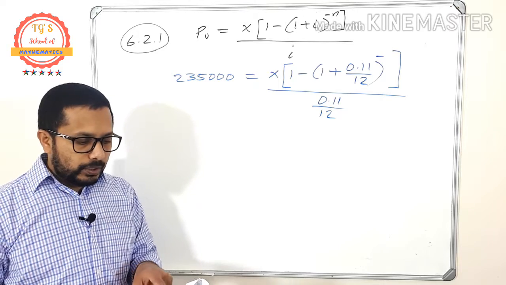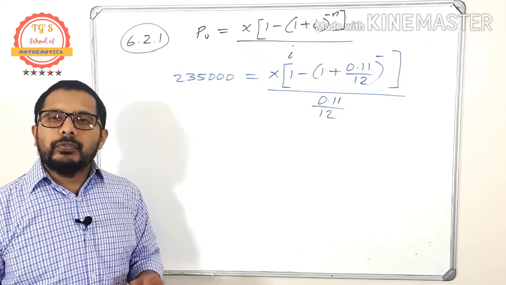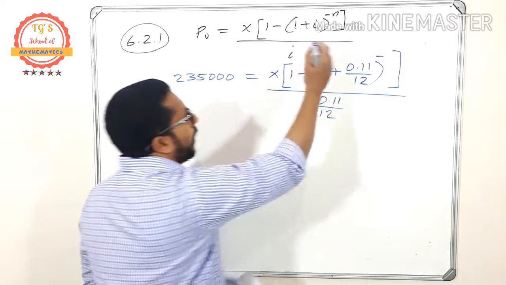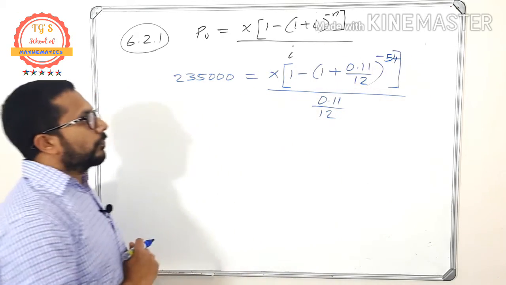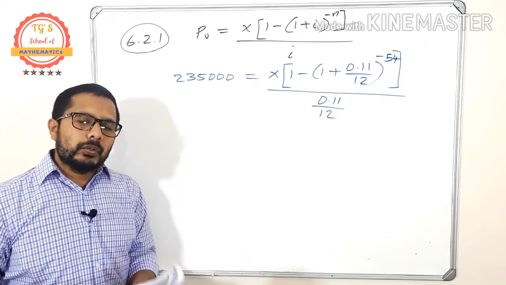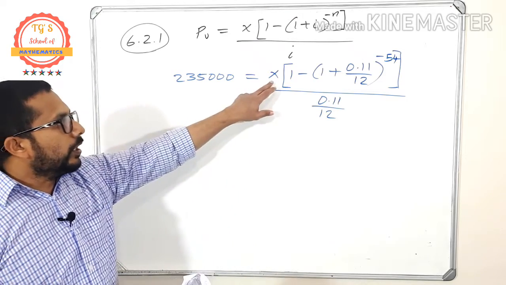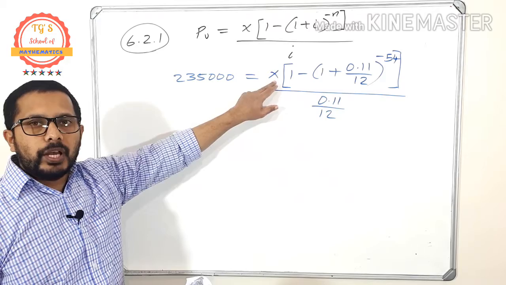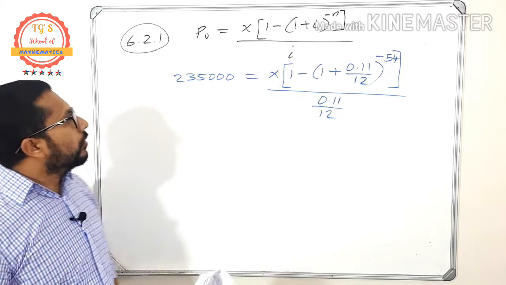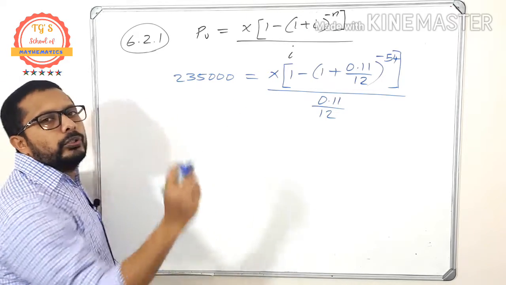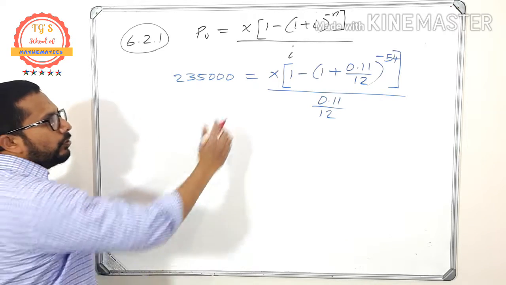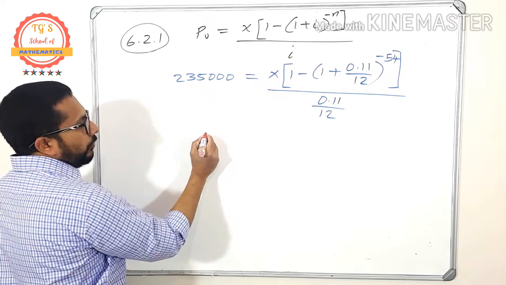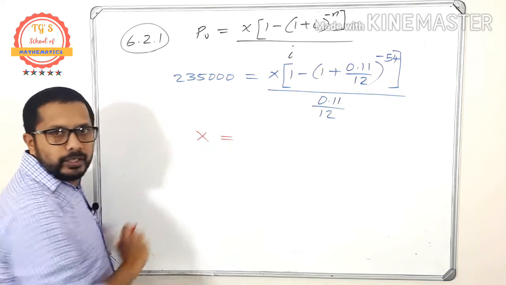He agrees to repay the loan over a period of 54 months. So minus n stands for minus 54. So what is the question? You have to find the monthly installment. That means you have to find the value of x. Okay, so for that one, I'm not going to write any more steps. It is better to do it like this. You have to find the value of x. Am I right? Okay.